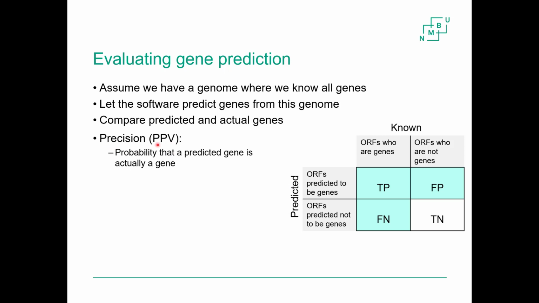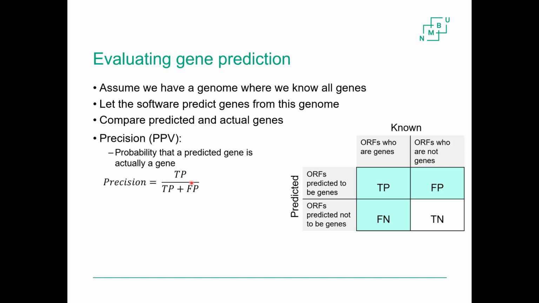Precision is one statistic which we typically compute from a table like this. If we have a table like this with these three numbers here, we don't need the fourth cell. That's the true negatives, but we don't really need that. We need only these three blue cells here. The precision is the probability that the predicted gene is actually a gene. And here's the formula.